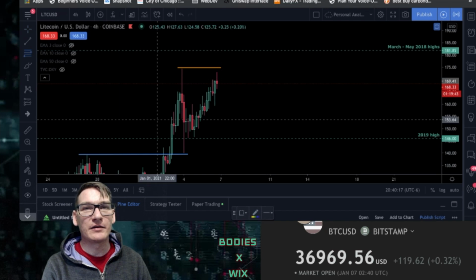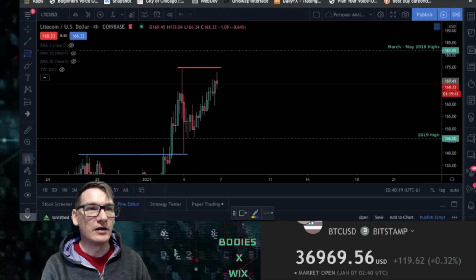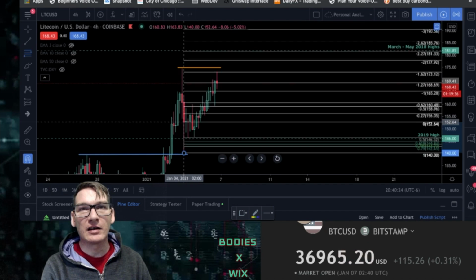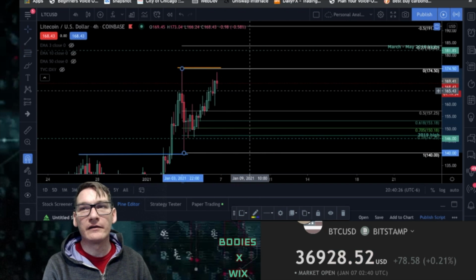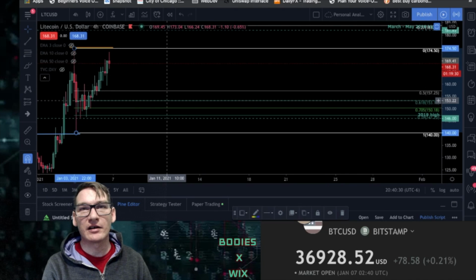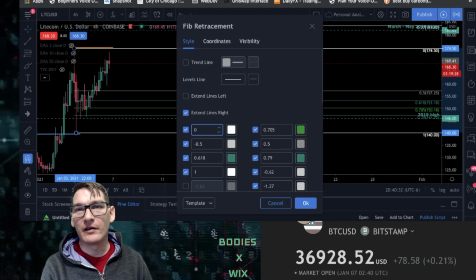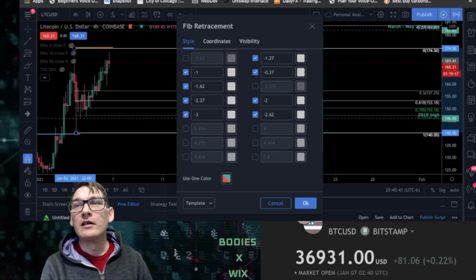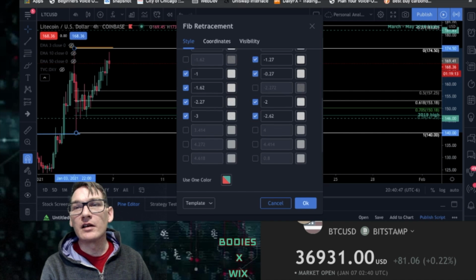Generally something like this, what I will do anyway, is I'll take a Fibonacci, right? And then again, here, I'm going to change the colors of these because I don't think you guys can see it very well. 75, and then where's the other ones at?